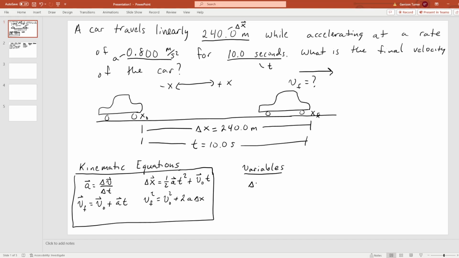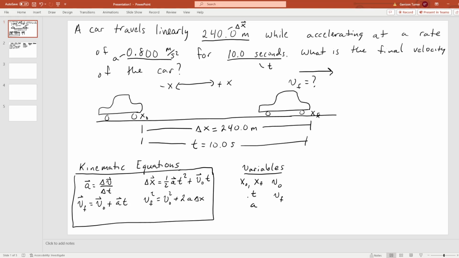Well, we have delta x, we have t, we have a, we have v initial, and v final. We can even break up delta x, as a matter of fact. We could call this x initial and x final just as easily.